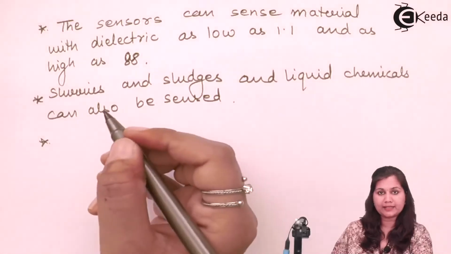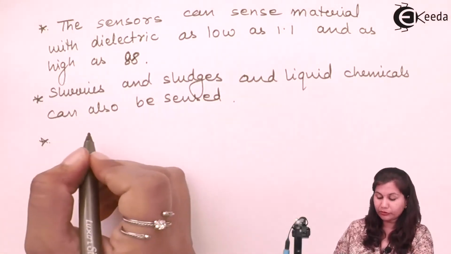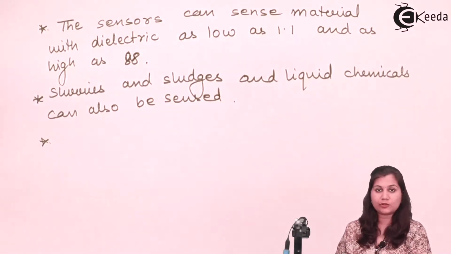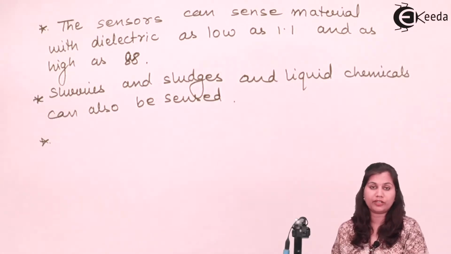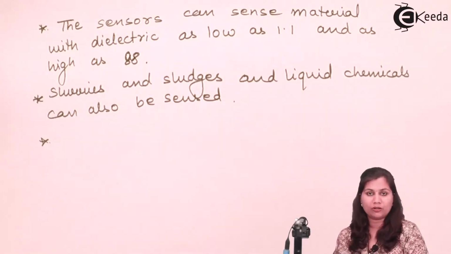Also, these capacitance level sensors are electronic devices. So phase modulation and the use of higher frequencies make these sensors suitable for those applications where we want to measure the level of liquids which have the same dielectric constant.